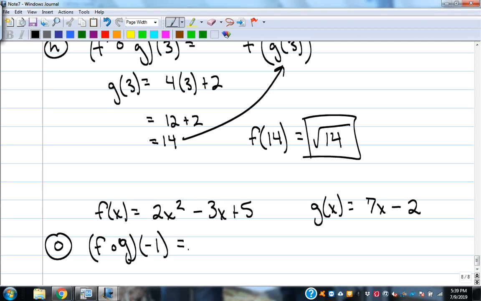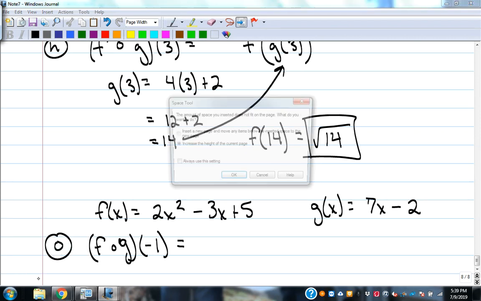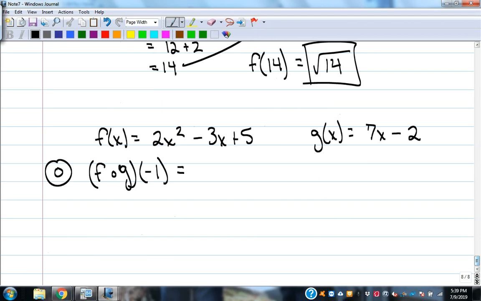Where does negative 1 go? Into which function? It goes into the g of x function. This one into that one. So we find g of negative 1.